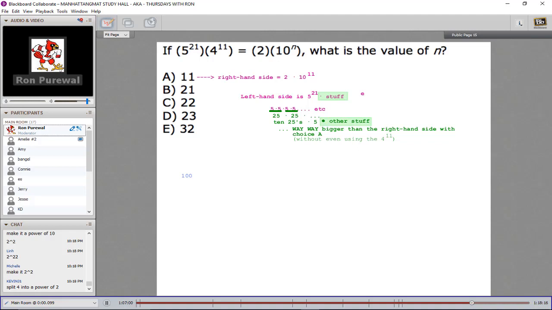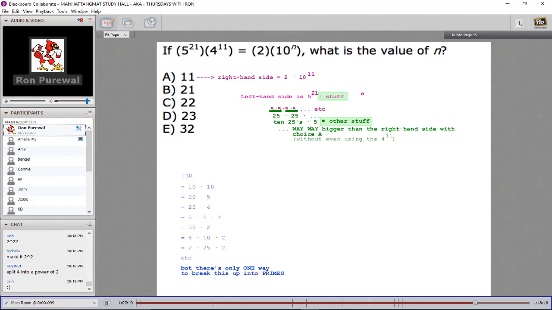Like if you have 100, you could break this up into 10 times 10, or 20 times 5, or 25 times 4, or even 5 times 5 times 4, or 50 times 2, or 5 times 10 times 2, or 2 times 25 times 2, etc. But there's only one way to break this up into primes, which is going to be 2 times 2 times 5 times 5.